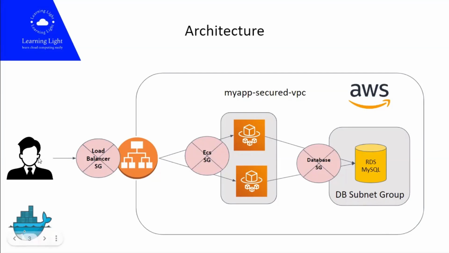And the external world cannot reach this ECS environment or the RDS MySQL database in any manner. So I hope this architecture is clear now. Let's jump to the console and see in action how we can implement this architecture in our AWS environment. So let's get started.